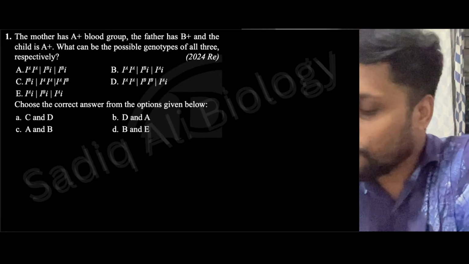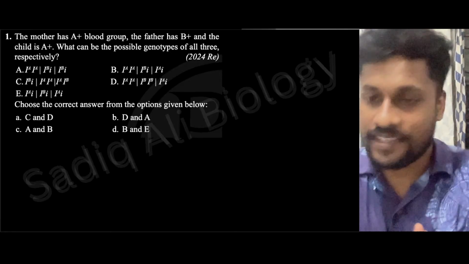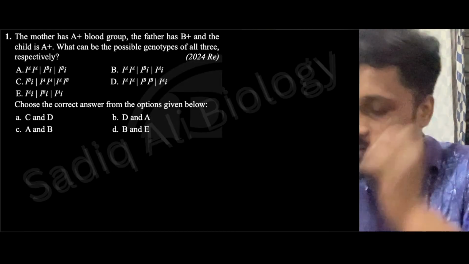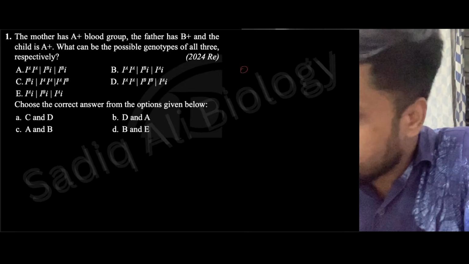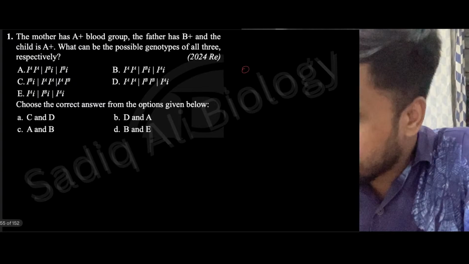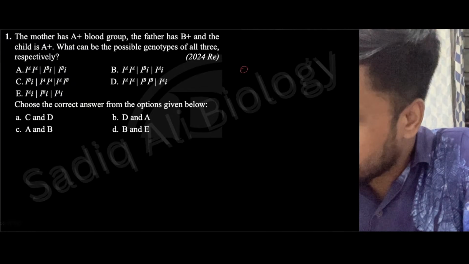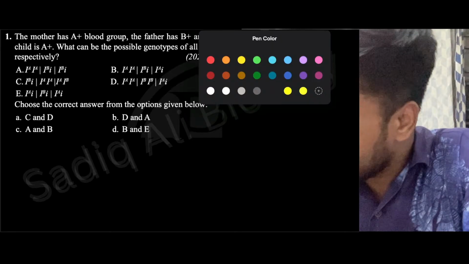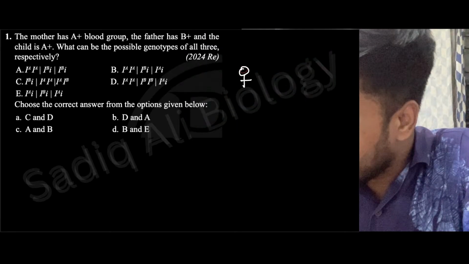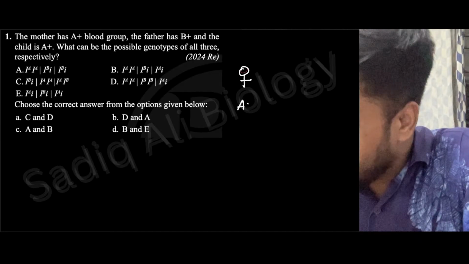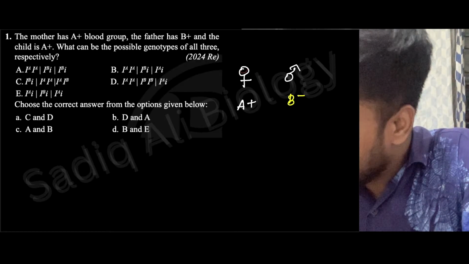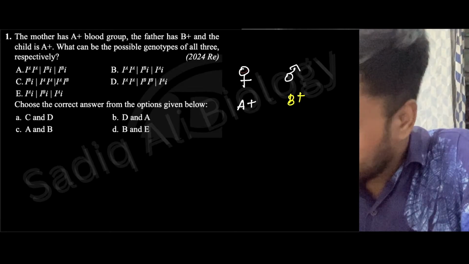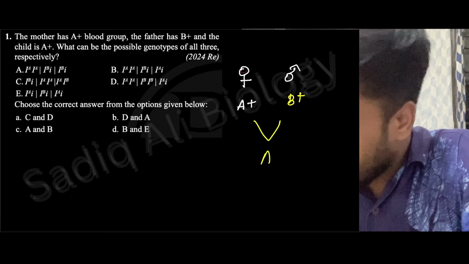So the concept we will be discussing as per the context. If you need more, you can let me know. Here they have mentioned that the mother is A plus blood group and the father has B plus blood group and the child is A plus.